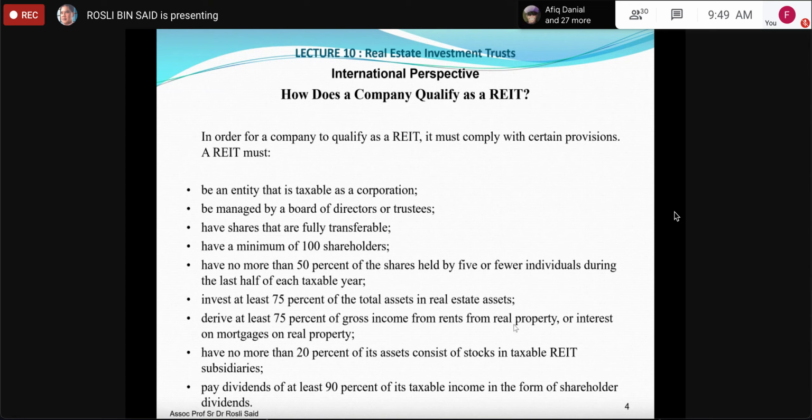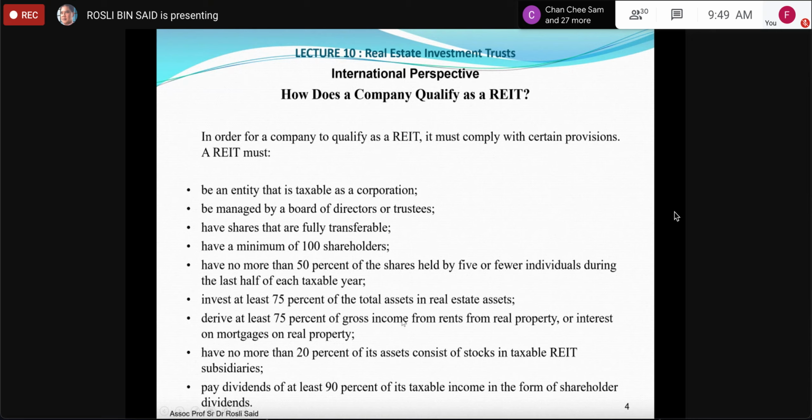That property must be counted as part of the income for the company. So they must have at least 75%. If the income comes from 75% or above up to 100%, that means they are secure to be REIT companies. So, interest on mortgages on real property.